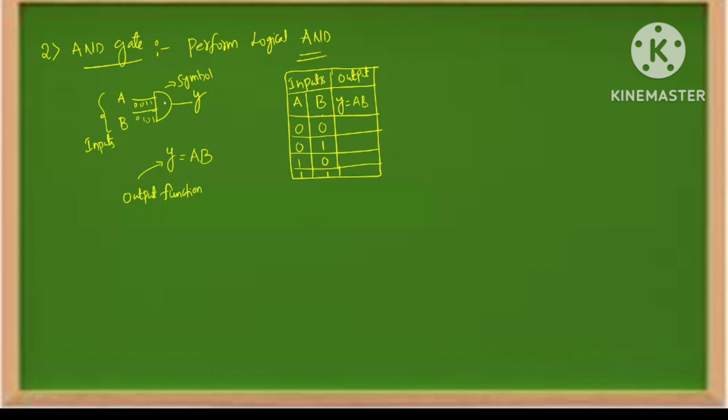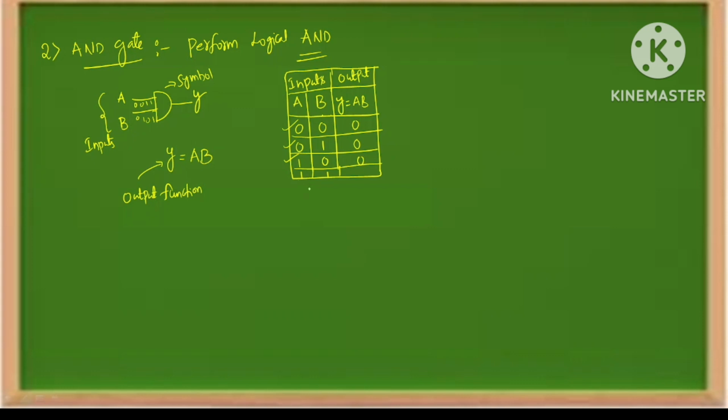Now, according to the logical AND operation, if any one of the variables is logic low, the AND operation always gives logic low output. In the first three input combinations, at least one of the inputs is logic low, so the output must definitely be logic low.